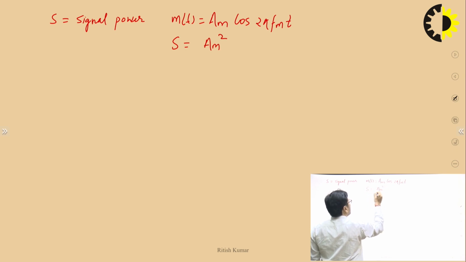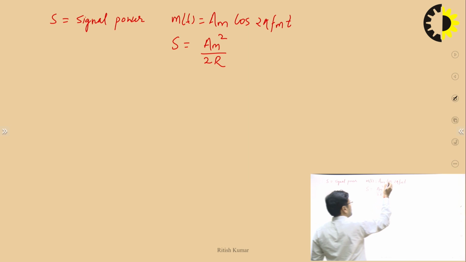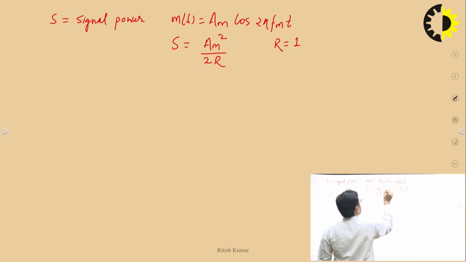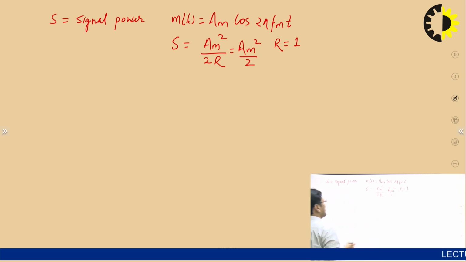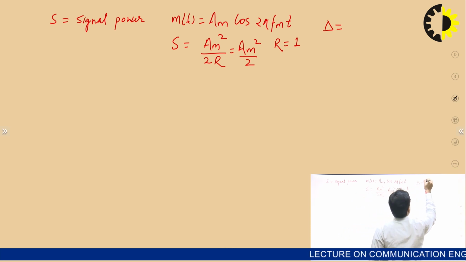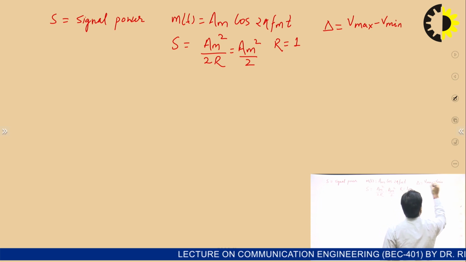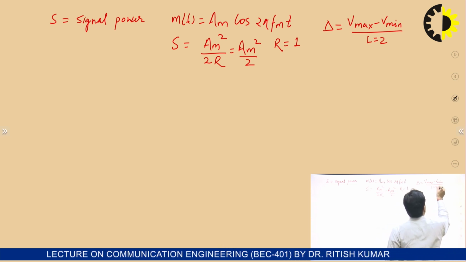Am square by 2R, right? And Am R you can say is equal to 1, so S is equal to Am square by 2. Now as we know, delta is equal to V max minus V min divided by L, where L is equal to 2 to the power n.